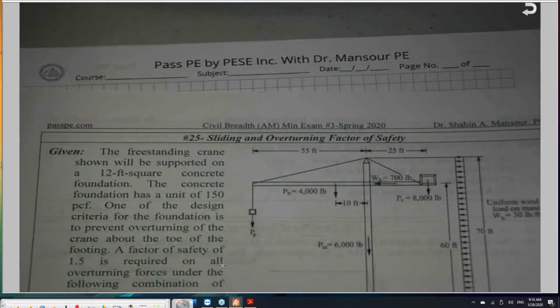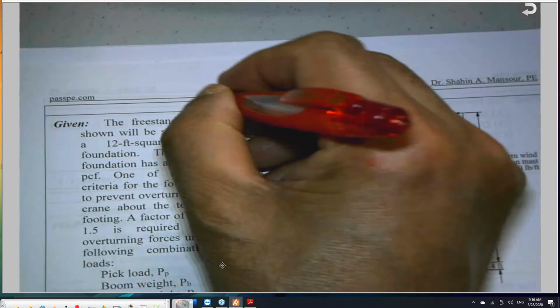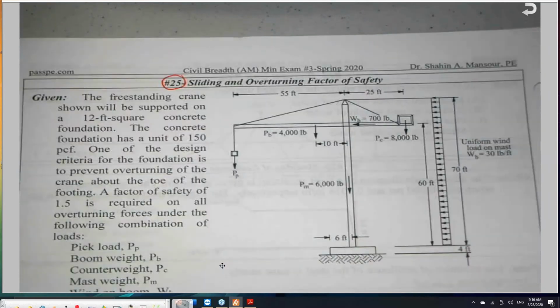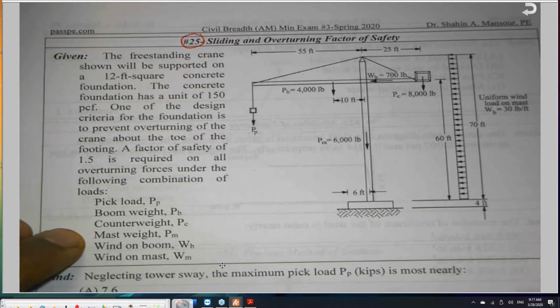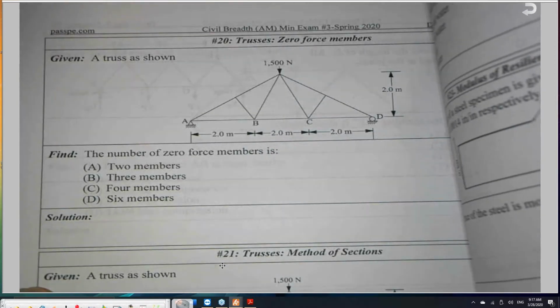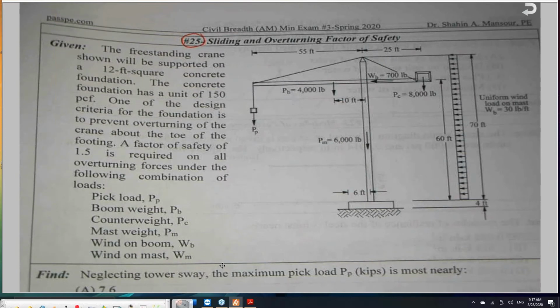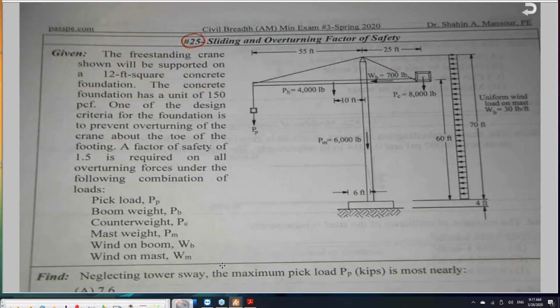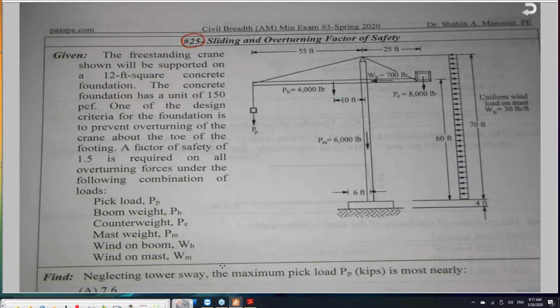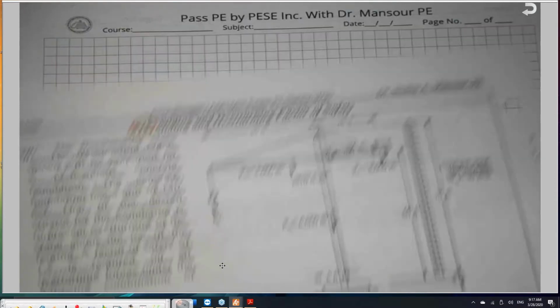be sent to you. Normally, I try to make the mini exam in the neighborhood of 25 problems related to the topic we are talking about: structure mechanics, soil mechanics, means and methods, hydraulics and hydrology, foundations, name it. All these topics, the 8 topics.